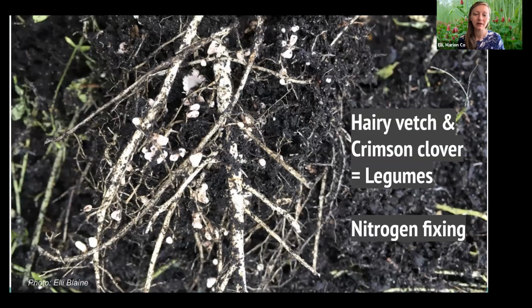The hairy vetch and crimson clover roots have a symbiotic relationship with bacteria in the soil, where that bacteria is able to form a relationship with the roots and then fix nitrogen from our atmosphere that would be otherwise unavailable for our crops.